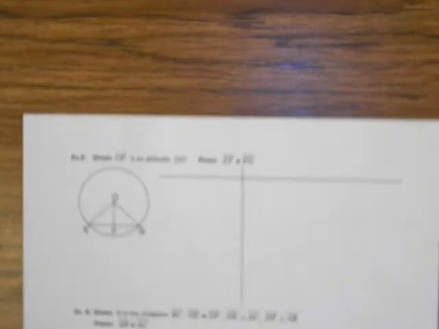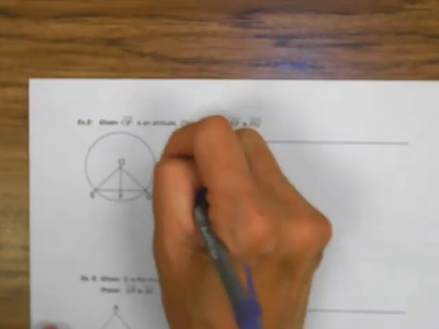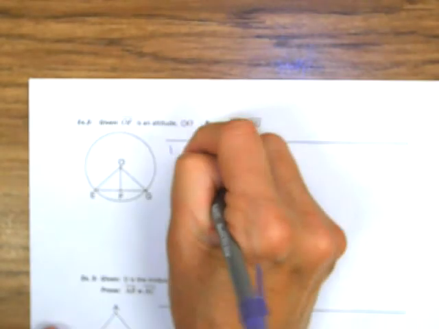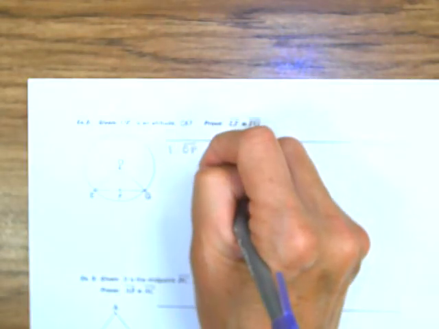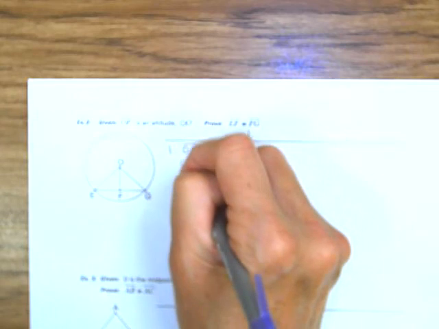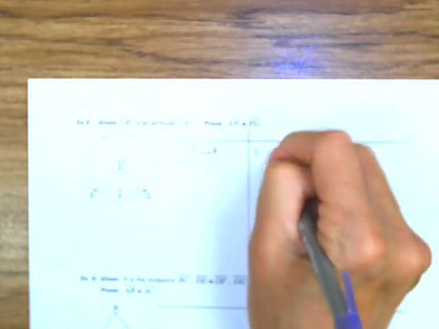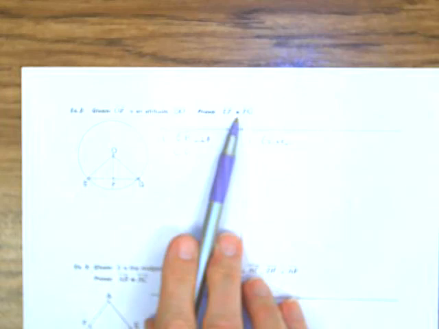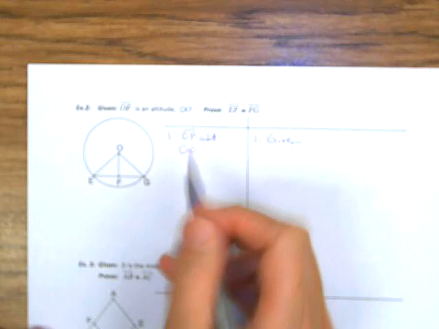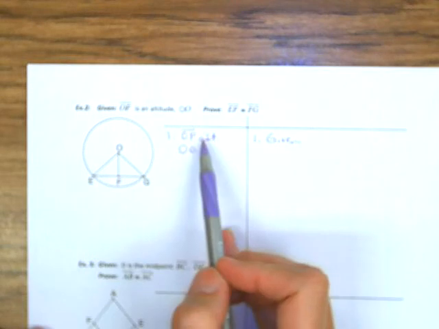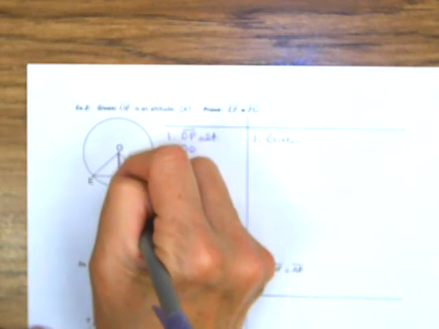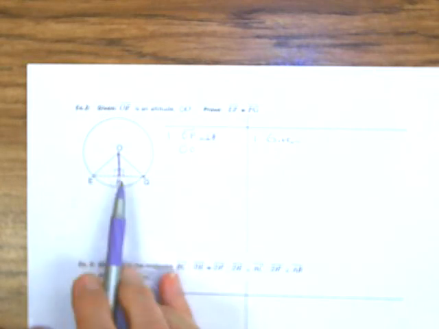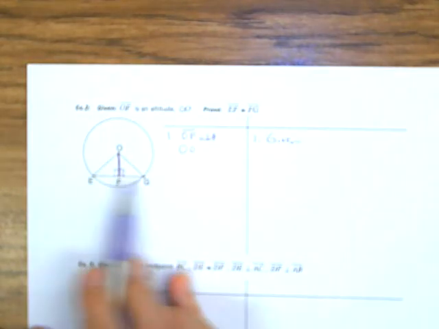All right, example 2. Going to bring in some review ideas as well. OF is an altitude, and we also have circle O. Before I even look at what I'm trying to prove, I'm just going to try to use all of the given. I have an altitude, right? We should know that altitudes make right angles. So if OF is an altitude, it should make right angles with the side of the triangle here.